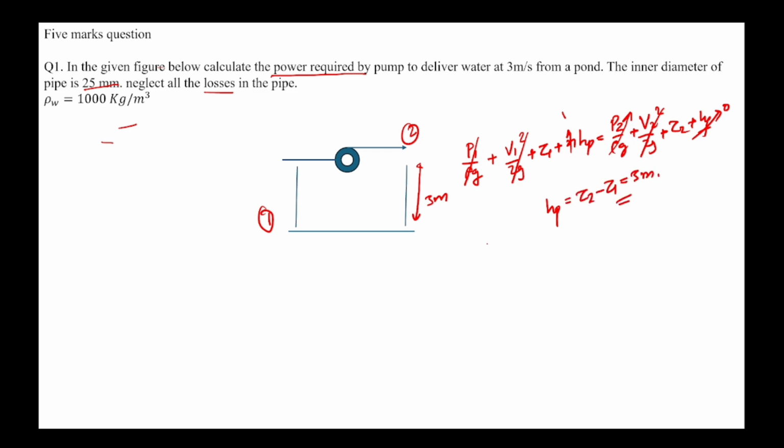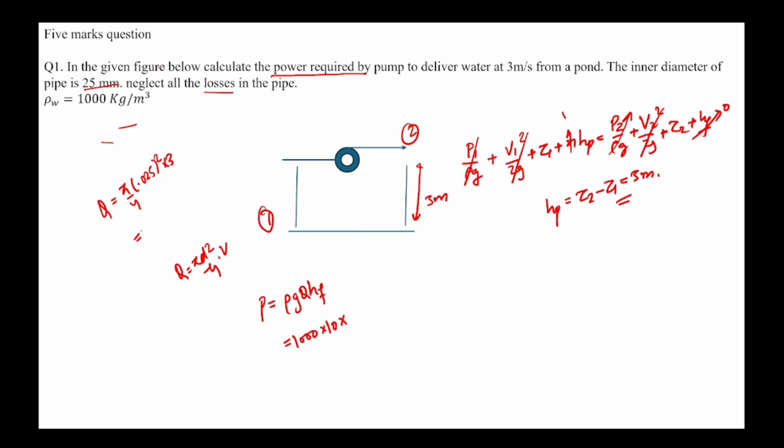Okay, now power required to deliver the fluid is rho g Q H. Density is 1000. For simplicity, g is 10. Q is equal to pi d square by 4 into velocity, pi by 4 into 0.025 square into velocity 3.